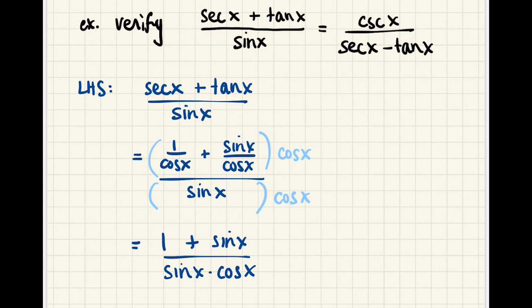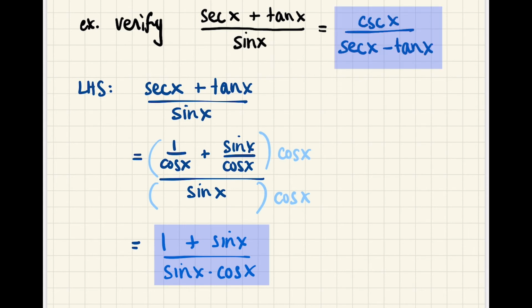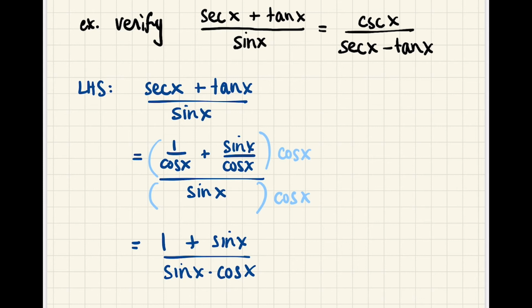All right, it's not at all clear how this is supposed to turn into the right-hand side, but what we can do is leave this alone and go to the right-hand side and turn everything there into sines and cosines. And let's just hope that in doing so, we get exactly this form.